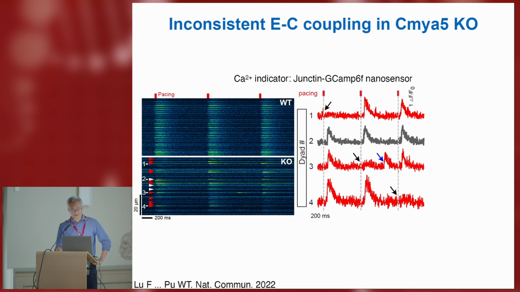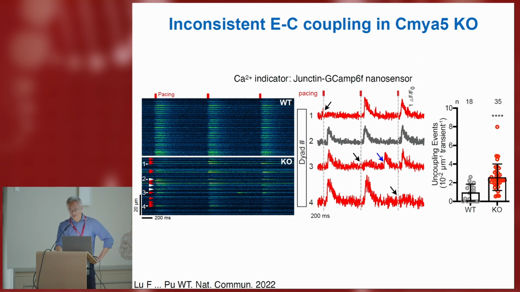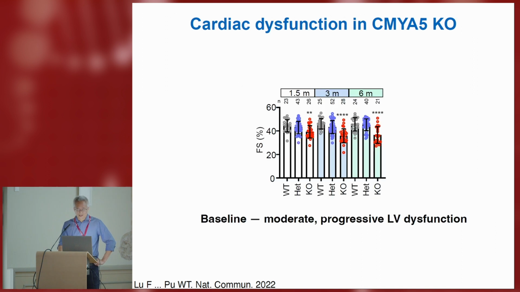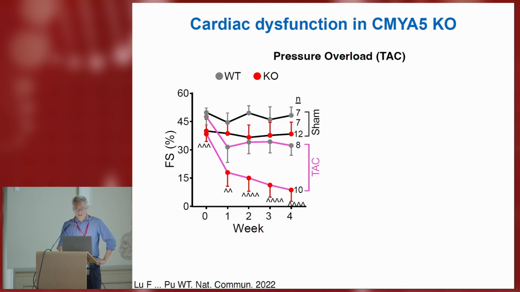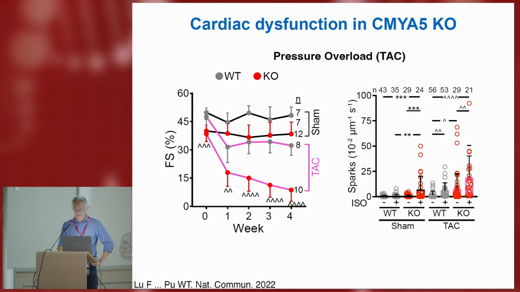We also found this interesting phenomenon in which, when you have pacing spikes, each dyad should fire reliably at the pacing spikes, but we found many examples where dyads would sometimes fire and sometimes not in response to pacing. So we called that uncoupling and found that uncoupling was more frequent in the mutants. And at the organ level, the mutants had moderate and progressive LV dysfunction, and they really fell apart with pressure overload. Here you can see that under pressure overload, they had a severe ventricular dysfunction and highly abnormal calcium sparks.